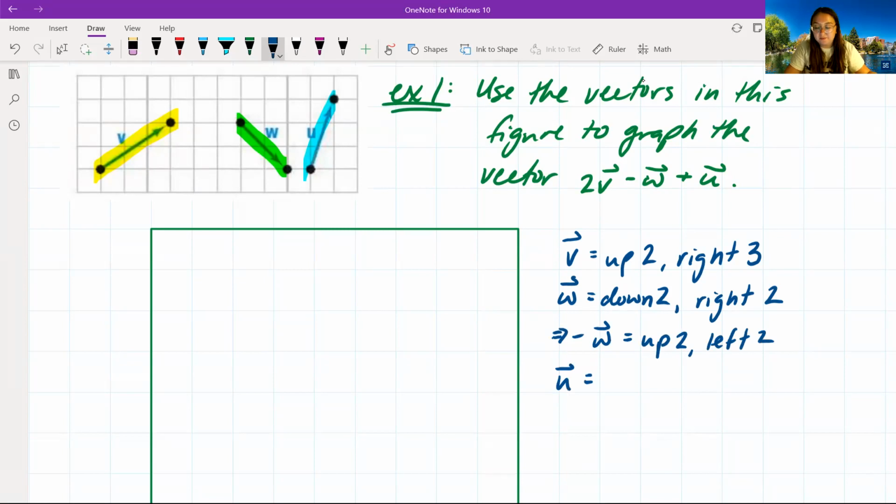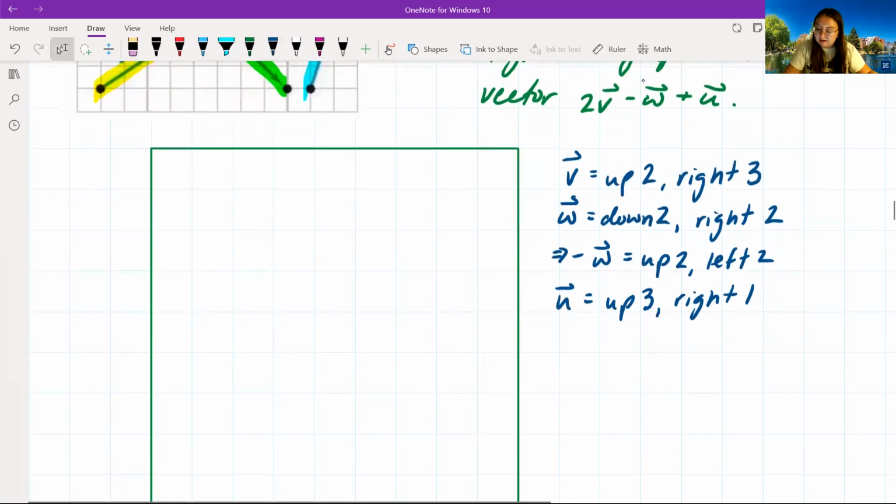Then we have u. It's going to be up 3 and right 1. If we have 2 times v, this would end up being up 4 and to the right 6. So we just multiply those values by 2.